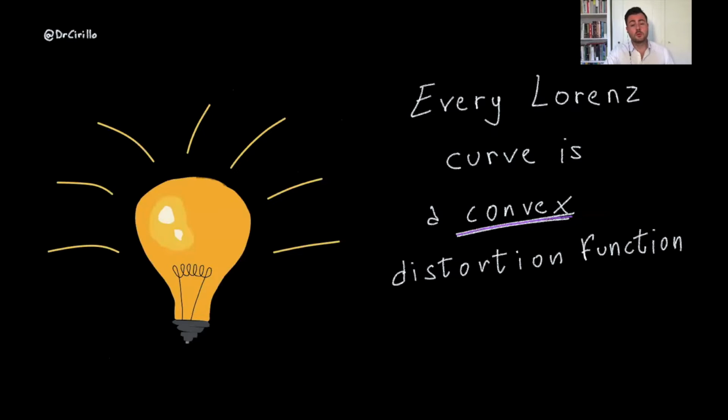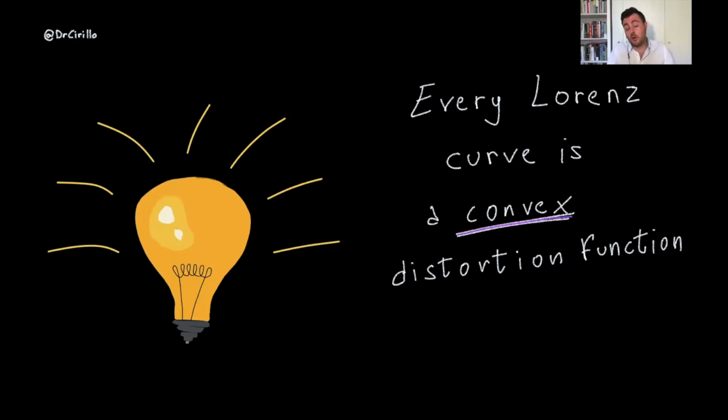Now, it's not difficult to observe that if the Lorenz function has this property, every Lorenz function is nothing more than a distortion function. And it's a particular type of distortion function, a convex distortion function. We know that a distortion function can be convex or concave.